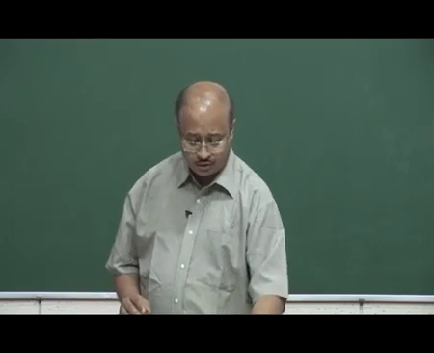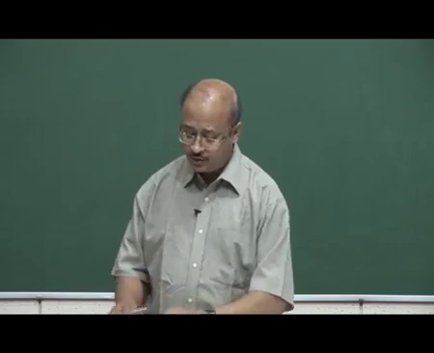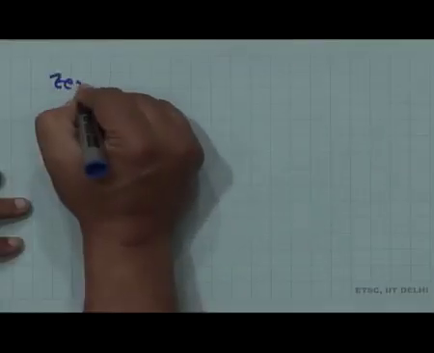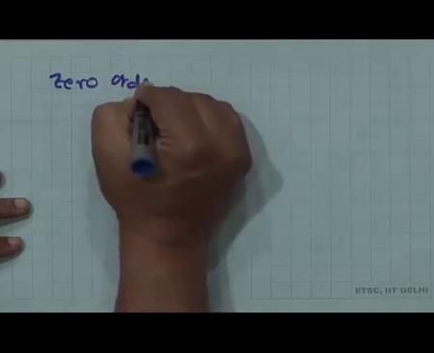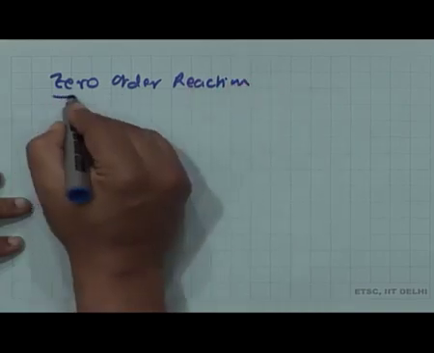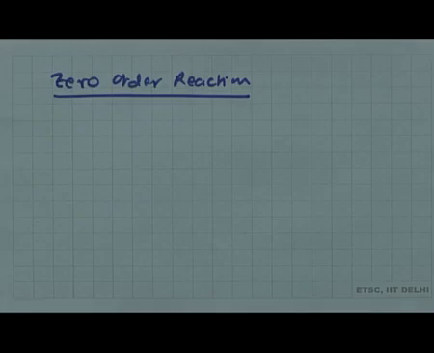Now, let us move on to the thing we started with, the integrated rate expression. Let us start with one of the simpler ones, which is a 0 order reaction. This is obviously very simple.